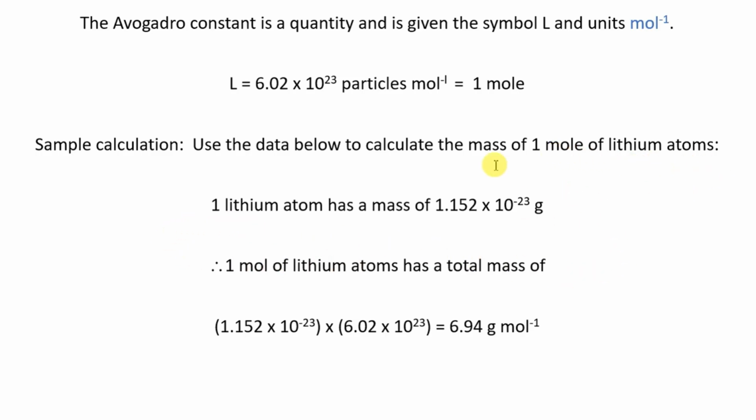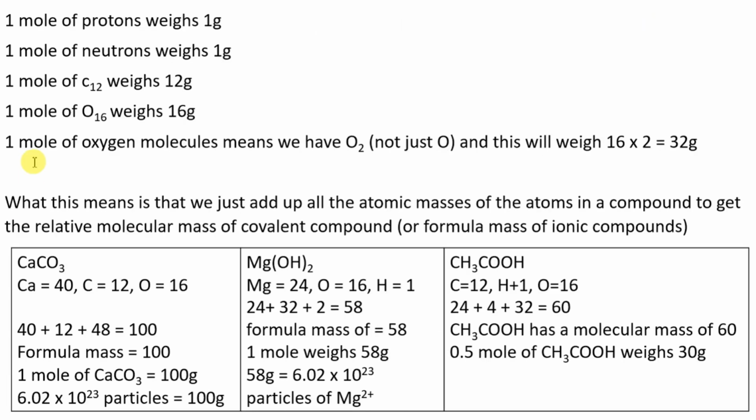I'm given the mass of 1 lithium atom. A mole of lithium atoms is found by multiplying the mass of 1 atom by the Avogadro constant. 6.94, which corresponds to the relative atomic mass of lithium in the periodic table.